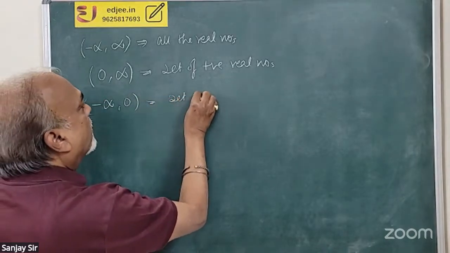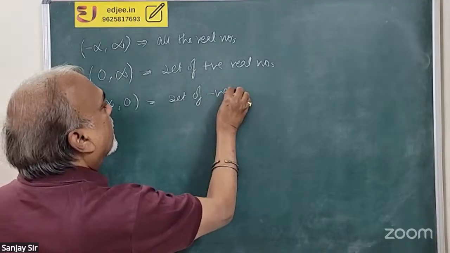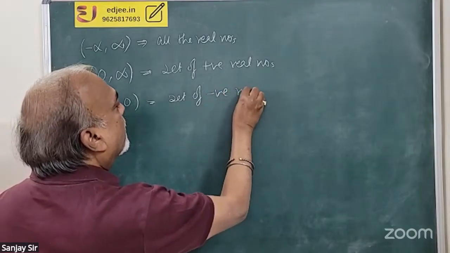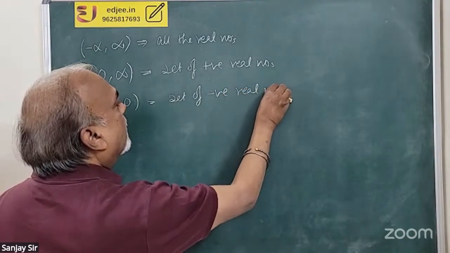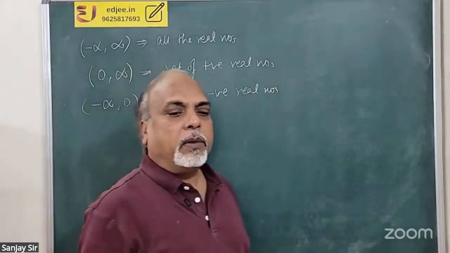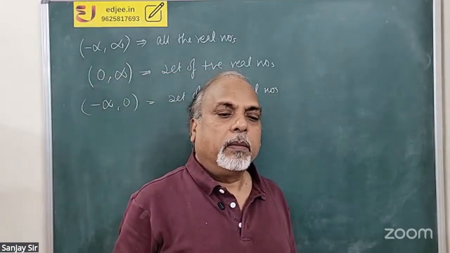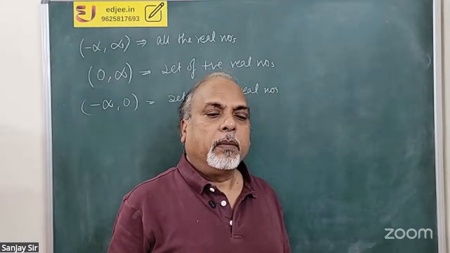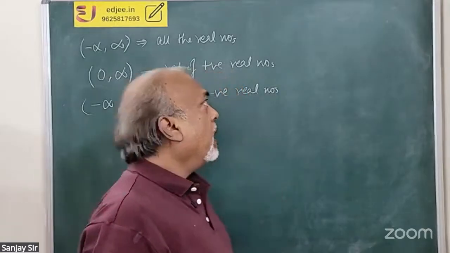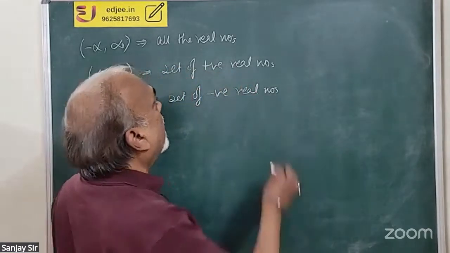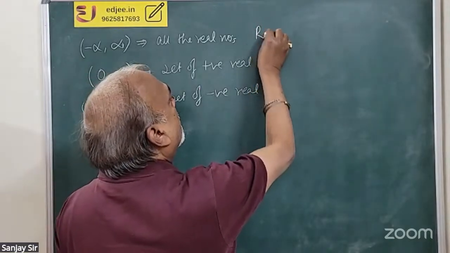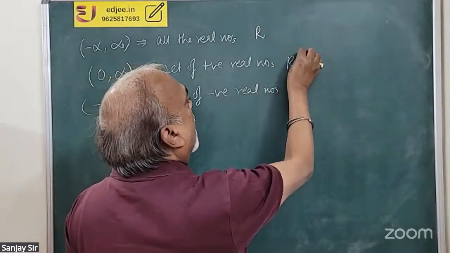Set of negative real numbers. We can write it as R. This is R plus.